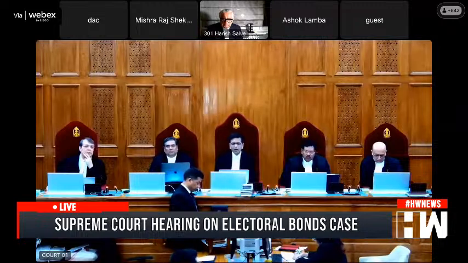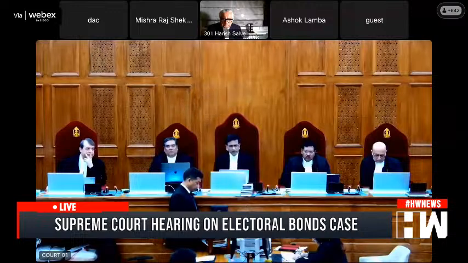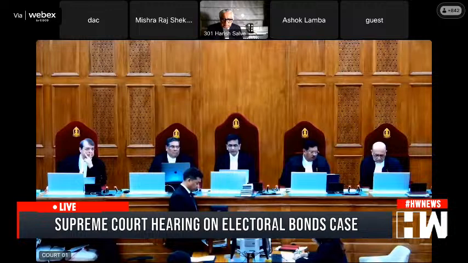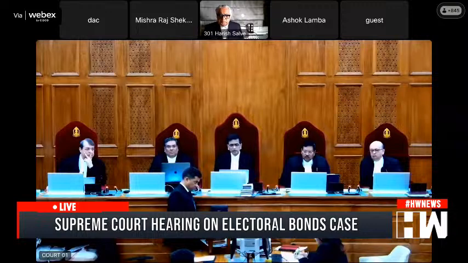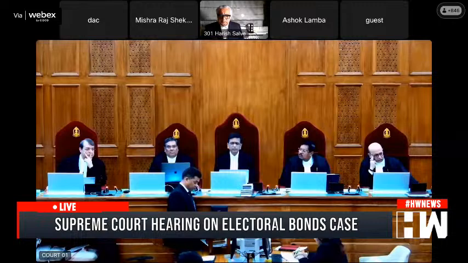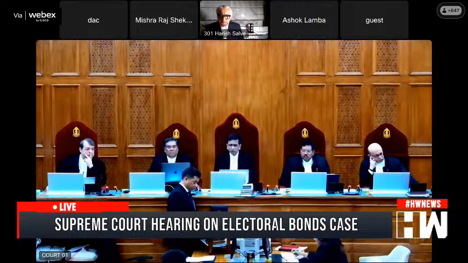Next. The FAQs on electoral bonds published by the SBI with respect to the redemption of bonds state that each political party can only open one current account for electoral bond redemption.